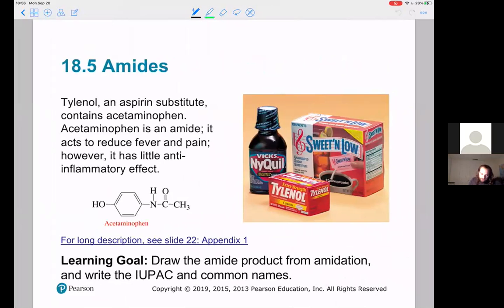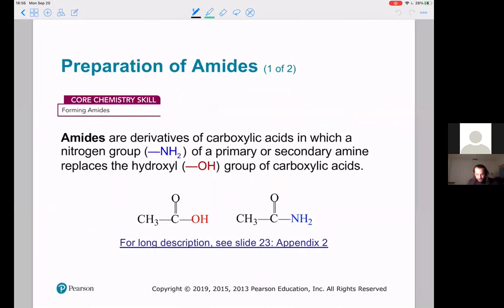As with a lot of these functional groups, we can see amides in medicine, in particular acetaminophen, the active ingredient found in Tylenol, which has an amide group in it. What is an amide group?